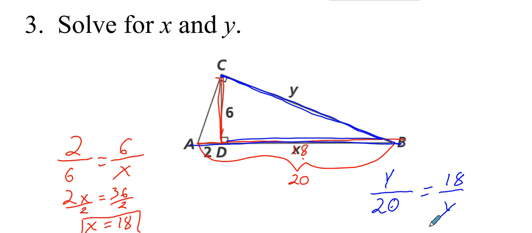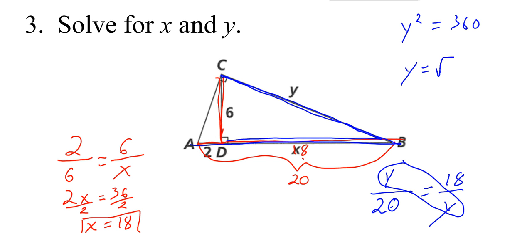I get y squared by cross multiplying. 20 times 18 is 360. Taking the square root of both sides, y equals the square root of 360. Using a calculator, I get 18.97 for y out to 2 decimal places.